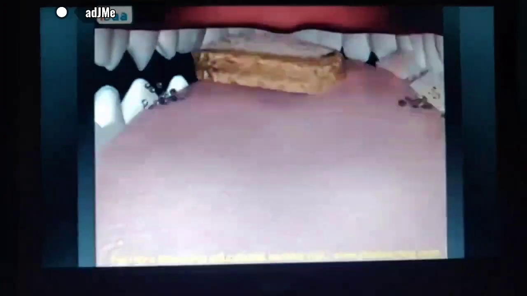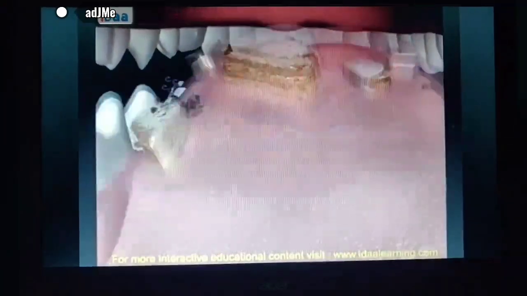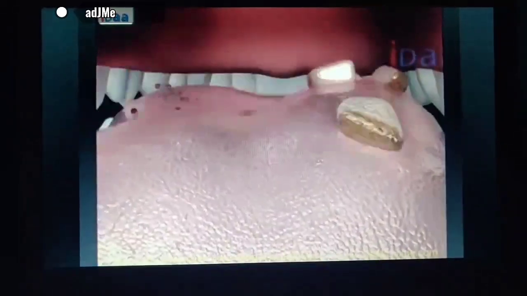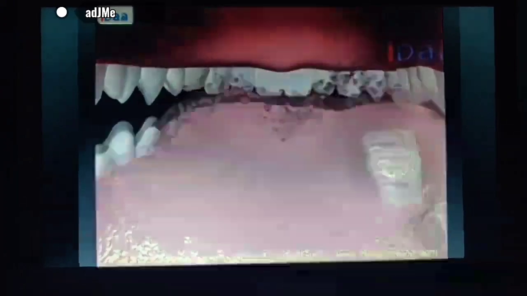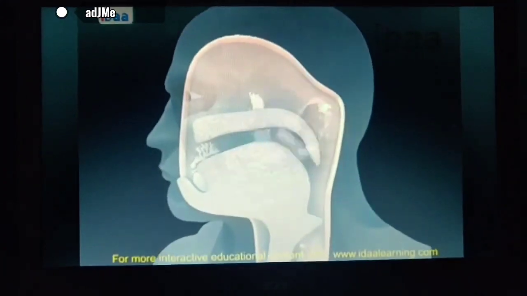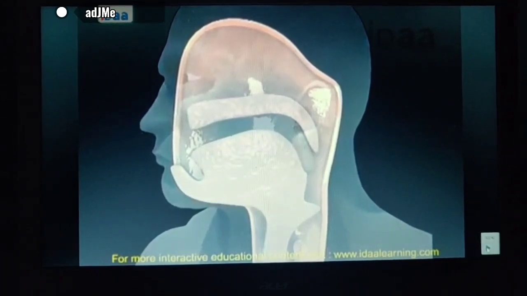So once the food is crushed or masticated, it is swallowed and it enters into the first gut called pharynx. As we have discussed before, pharynx is a common pathway for both the respiratory system as well as the digestive system.